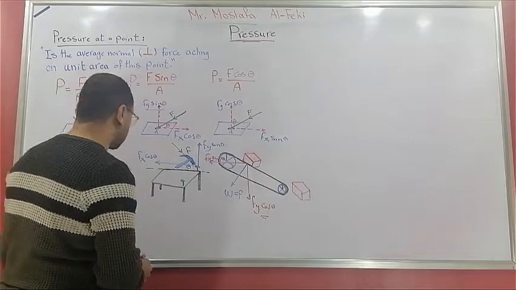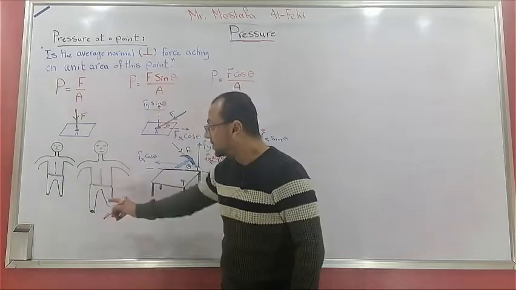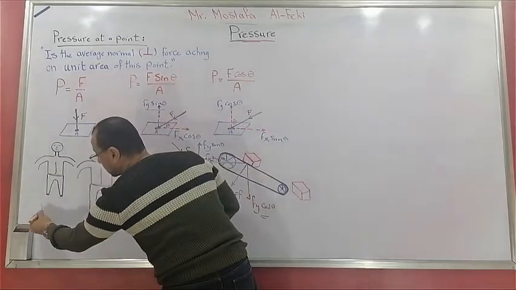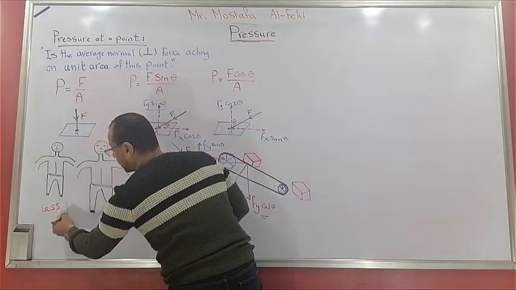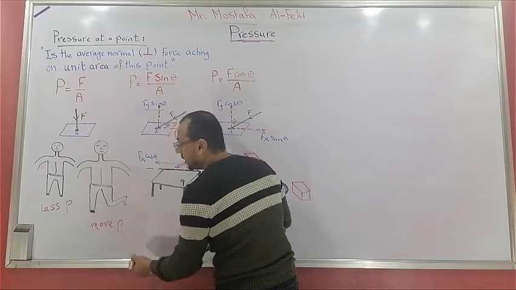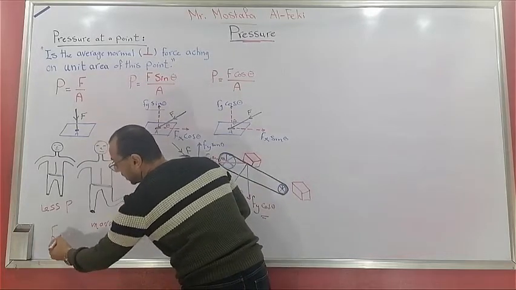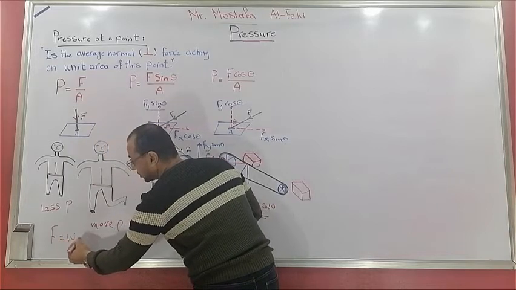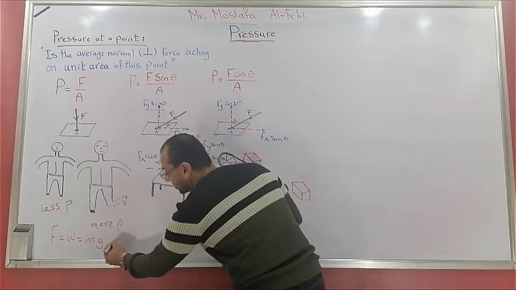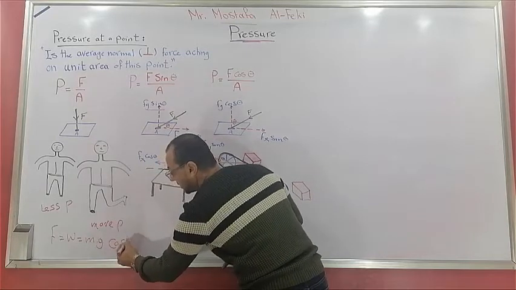Let's ask about the force. In the first case, here is less pressure, and here more pressure. But the force of the child, which equals the weight of the child, which equals mass times gravity, is constant.